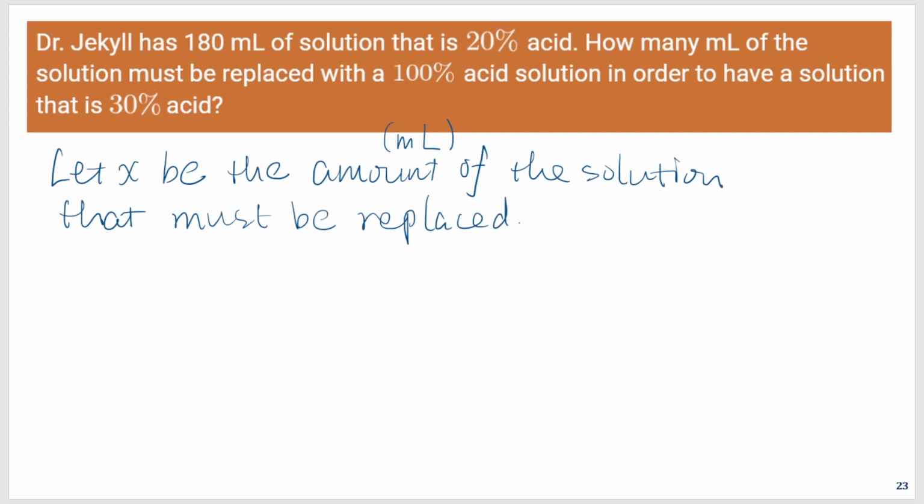Okay, so in the end, we still have 180 milliliters of solution, right? After you replace the solution. So we must determine how much of the solution will be acid after X of the original solution is replaced with 100% acid solution, right? So in the original solution, we have 180 milliliters times 20%, which is 36 milliliters.